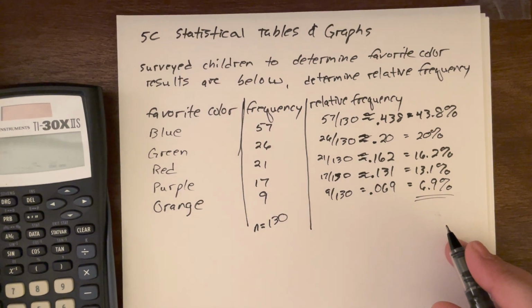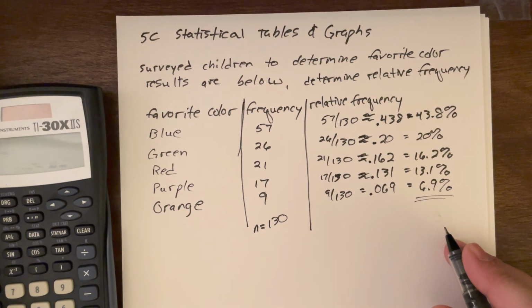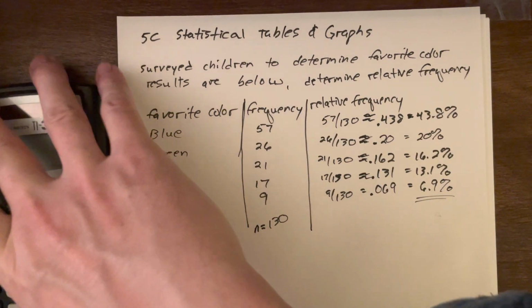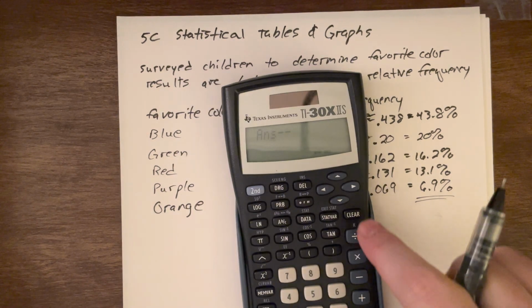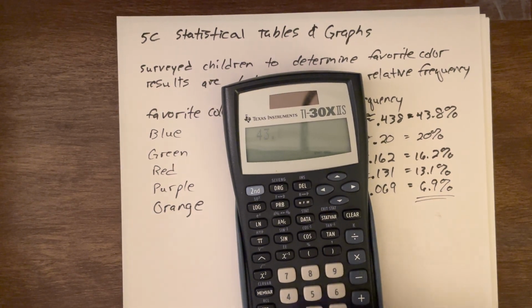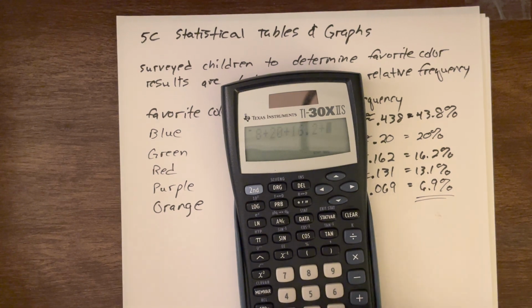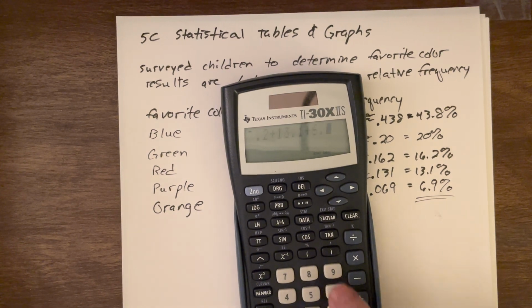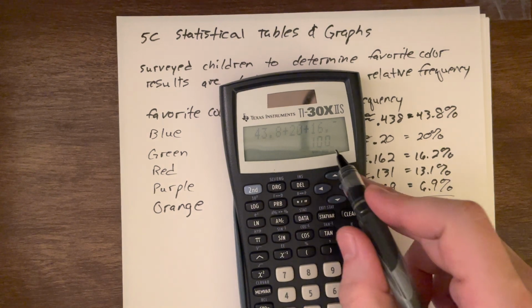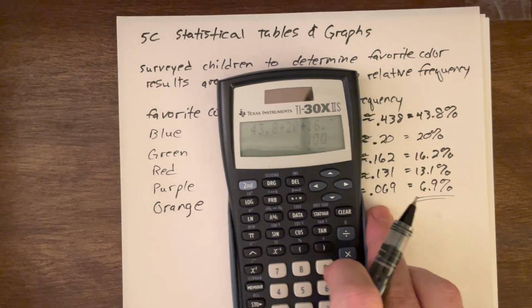But just realize that now we did some rounding. Again, you go back and look at the one we did with the letter grades in class. That adds to a perfect 100%. Here, let's see what happens. Plus 20, plus 16.2, plus 13.1, plus 6.9. And it does round off to a perfect 100%.